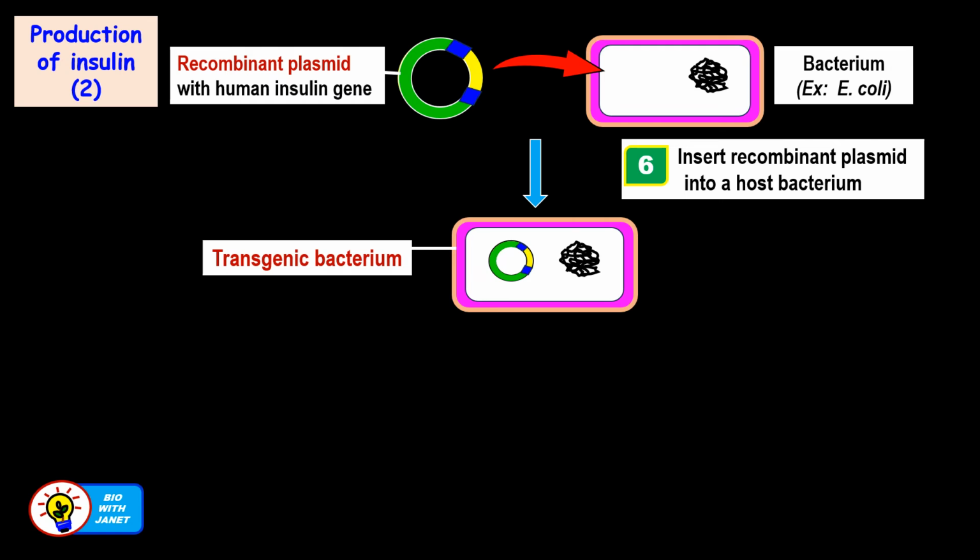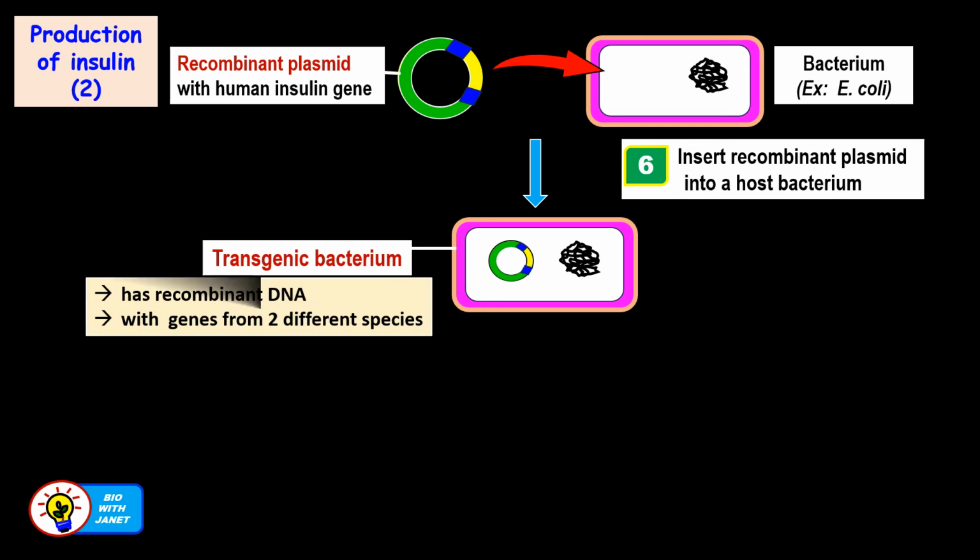So what is produced is a transgenic bacterium which has the recombinant plasmid. It is called a host bacterium because it contains this recombinant plasmid, and it can produce whatever the human gene directs it to do. For example, with this recombinant plasmid that has the human insulin gene, this transgenic bacteria will be able to produce insulin.